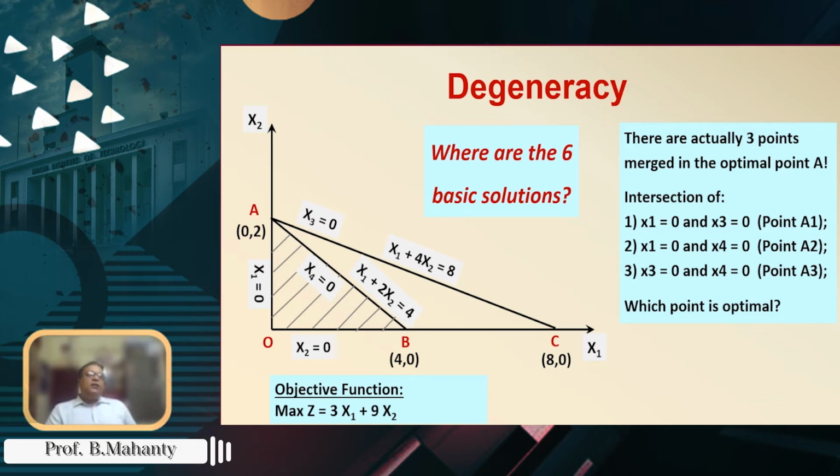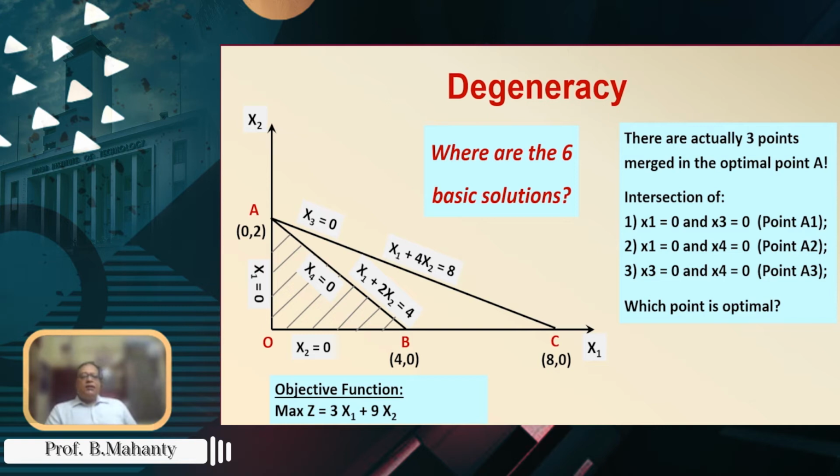You are iterating without any improvement in the objective function value, and you are basically cycling within the same point. And by mistake, if you are coming back to the old solution, then you can keep cycling infinitely. Go to A1, then A2, then A3, again come back to A1, then A2 to A3, and A1, A2, A3. You are in an infinite loop of cycling.